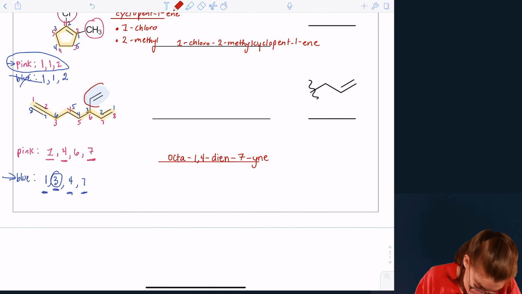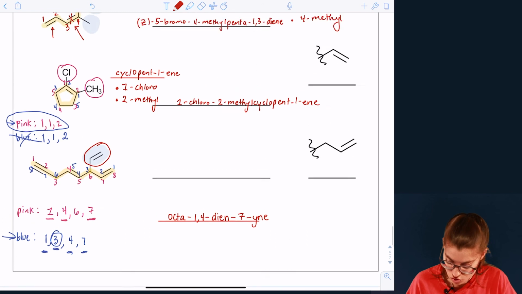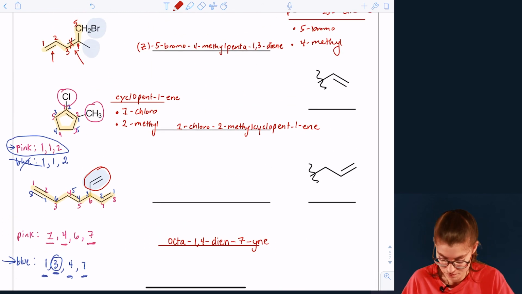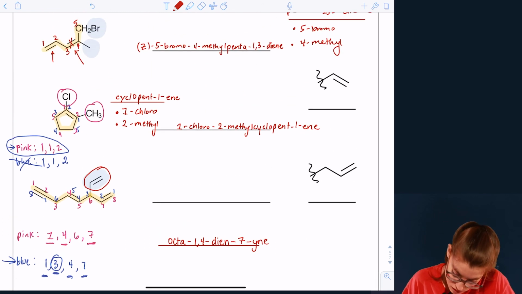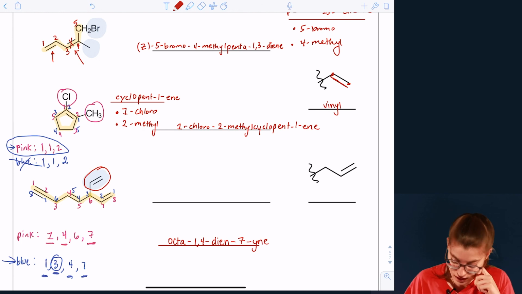Now we have this substituent. Now this brings me to 2 kind of common substituents. If you see 2 carbons and they're connected by a double bond like this, this is called a vinyl substituent, right? That's the common name for this.